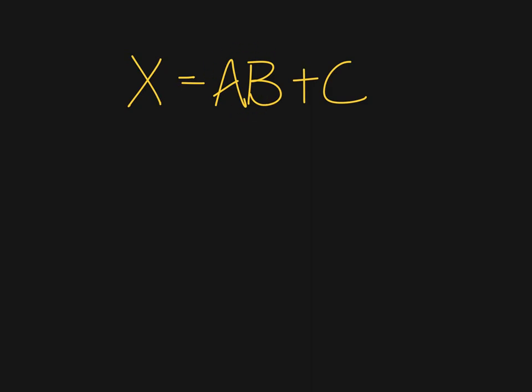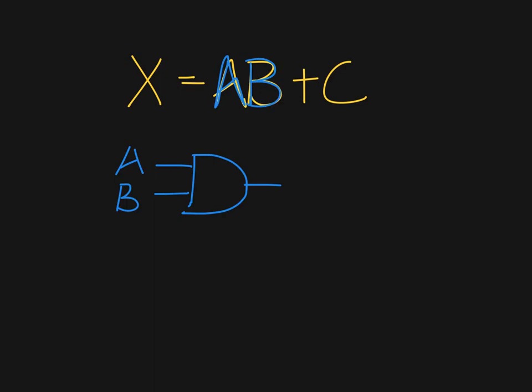So A and B are being multiplied mathematically, which means an AND gate. So we get our A, B, and they're both going into an AND gate. So it's flat, pointing outward. So that in blue covers this bit here in blue.